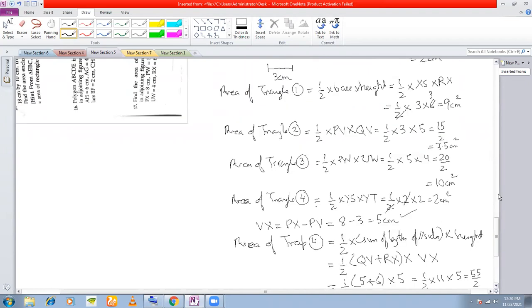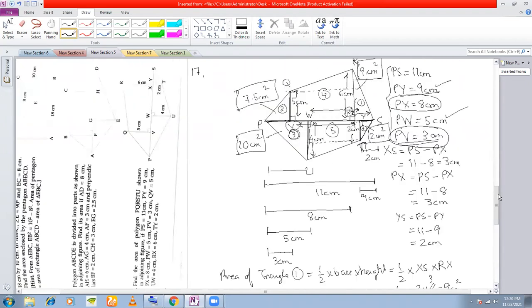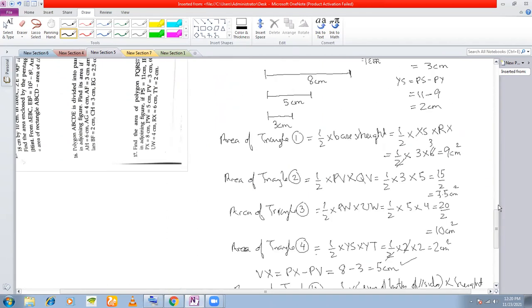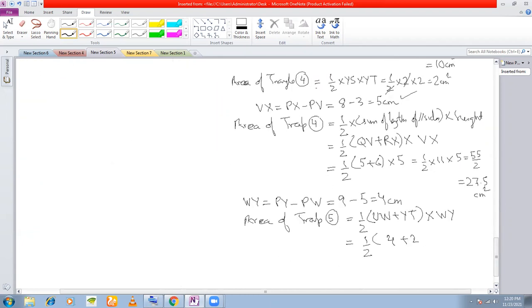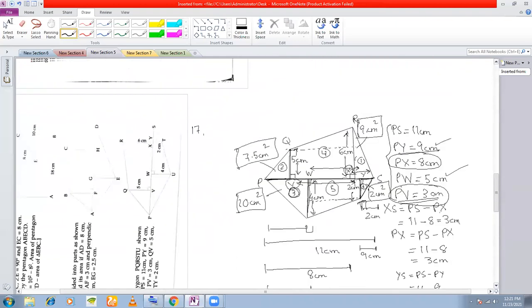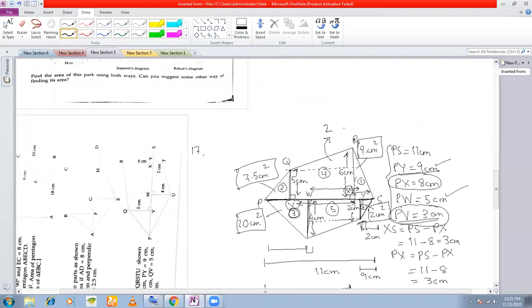UW length is 4 centimeter, YT length is 2 centimeter, and the height WY is 4 centimeter. So this is half into 6 into 4, which is equal to 12 centimeters square. So the area of this trapezium is 27.5 and of this trapezium is 12.